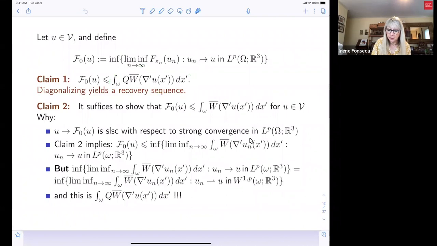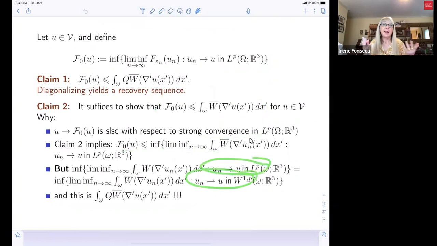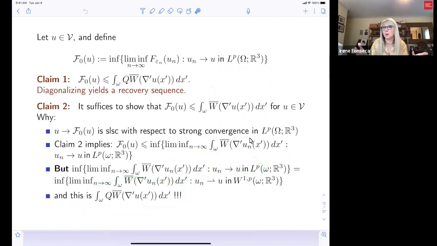Okay, so the way you do it is, first you prove that this object is again lower semicontinuous with respect to strong convergence in L^p. Then if you prove this, you get that in particular, this is below this object. But we know that having convergence in L^p or convergence in W^{1,p} in this setting is the same because of the bounds you have. And it's a theorem in calculus of variations that when you do this, what you get is the quasi-convex envelope.